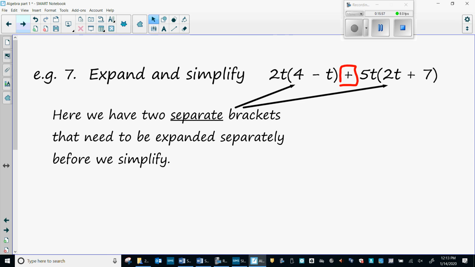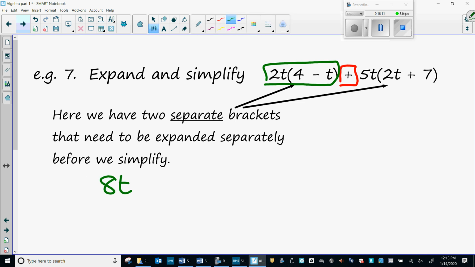So, we've got to expand this bracket first. So we've got 2t multiplied by 4, so what would that give us? 8t. I'm going to go straight to the answer. So 8t. Okay, and then you've got 2t multiplied by negative t. Negative 2t squared.